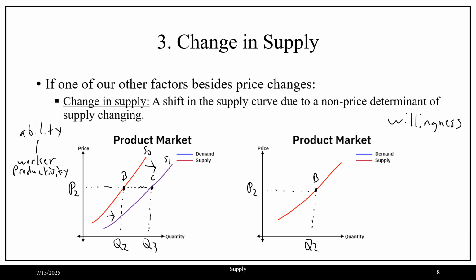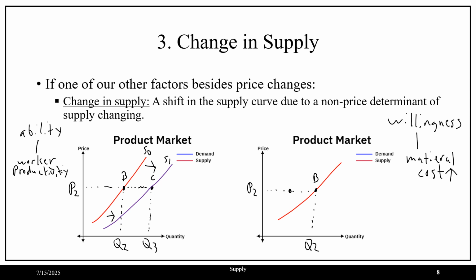And I'm making my label from S0 to S1. And then in terms of our willingness example, suppose that the cost to obtain materials for our good or service has gone up. So in our comparison, if price is staying the same and cost to make our goods or services has gone up, we are going to be less willing. And then if we're less willing, at the same price, we're going to see a decrease in quantity supplied.